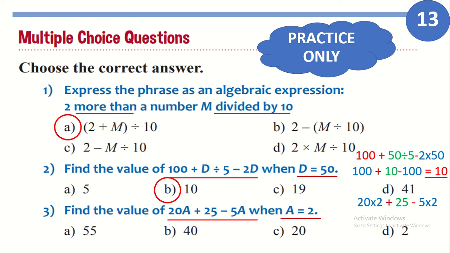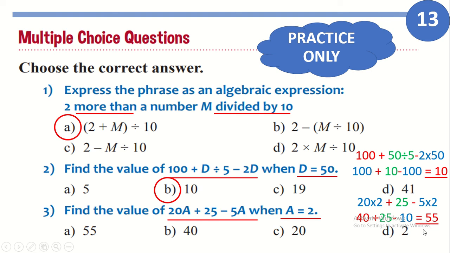Here we don't have division, you only have multiplication. 20 times 2 on the first, and then 5 times 2. Then you have 40, and then 5 times 2 here is 10. You have 40 plus 25 minus 10.